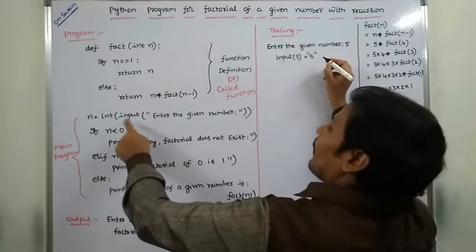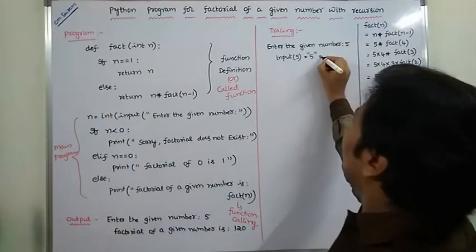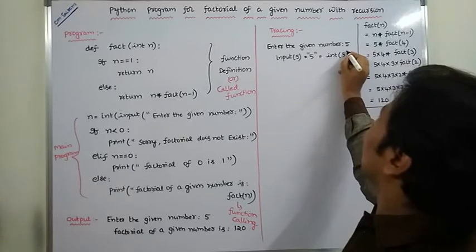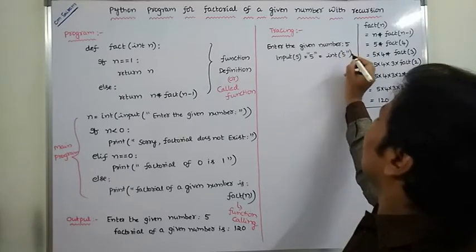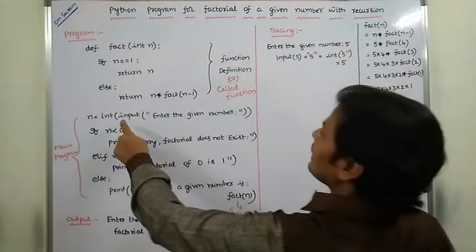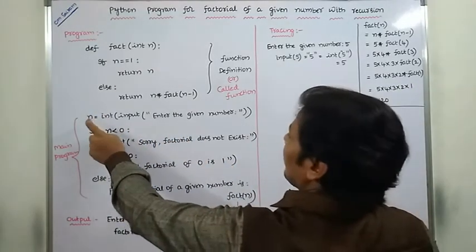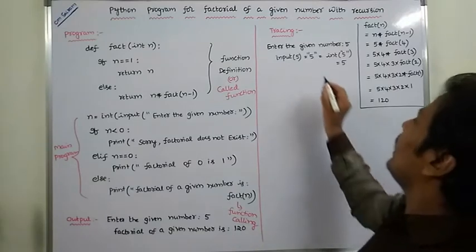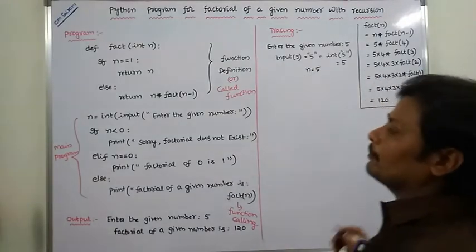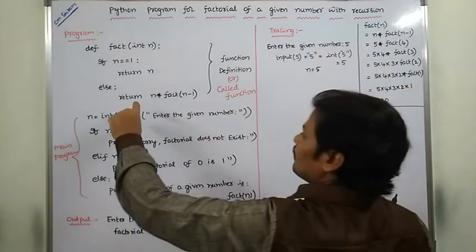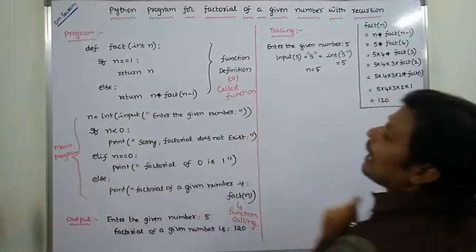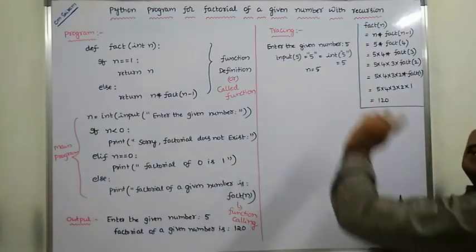This string is taken by the int function, which returns the integer value 5. Now this integer value is assigned to the variable n, so n is equal to 5. That is the processing done in the first line of the main program.